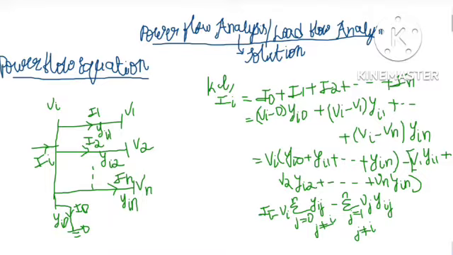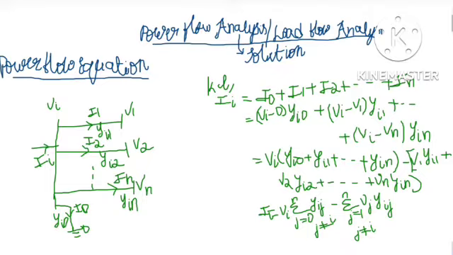Now, if you apply KCL, Kirchhoff's current law, what we will get? Ii is equal to, actually this is I0, not I, sorry.